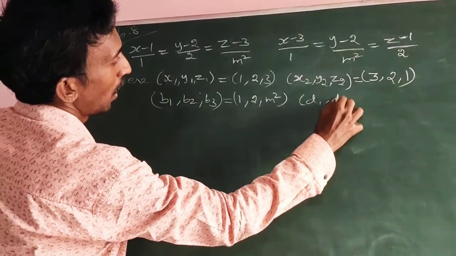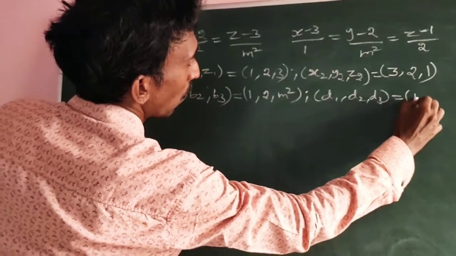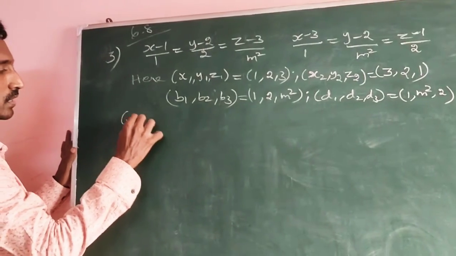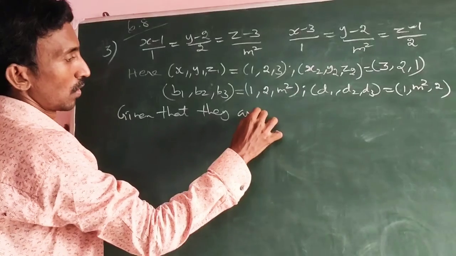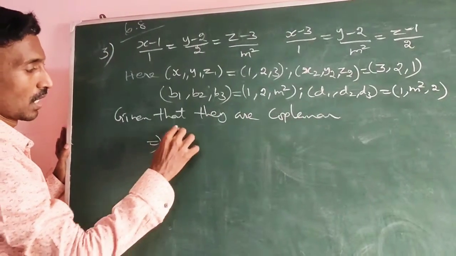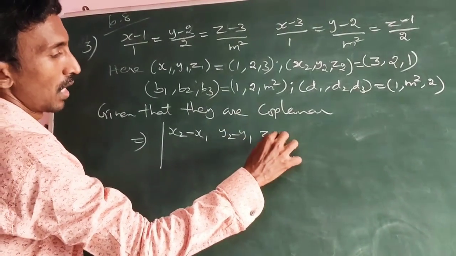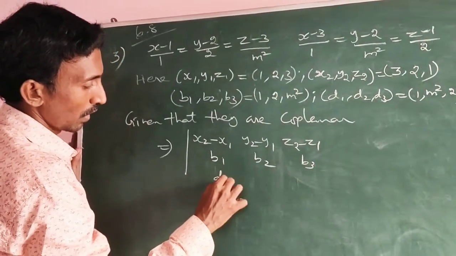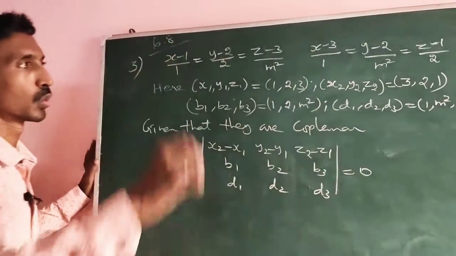Similarly d1, d2, d3 is 1, m square, 2. Given that they are coplanar, coplanar means the determinant of x2 minus x1, y2 minus y1, z2 minus z1, b1, b2, b3, d1, d2, d3 value is equal to 0.